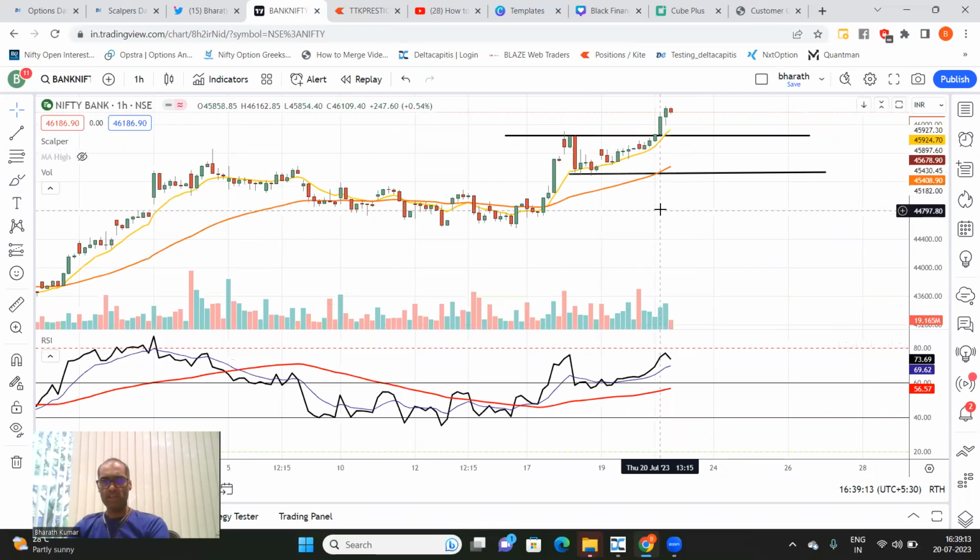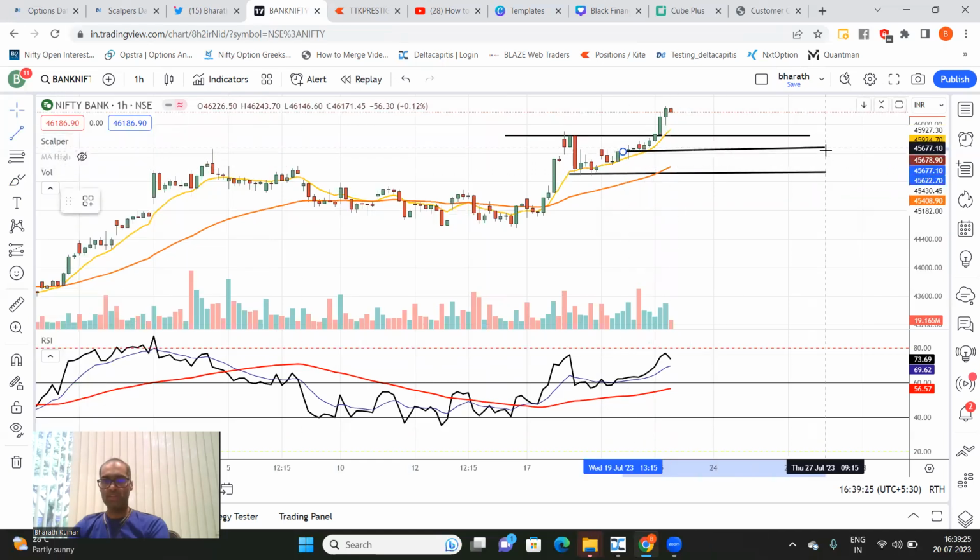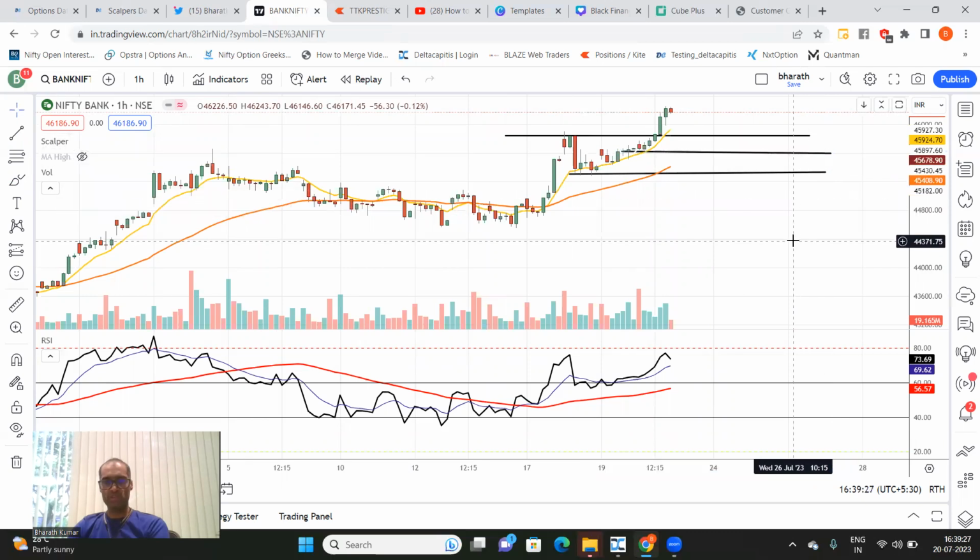So I think dips are better to consider longs. Keep in your mind 45,850 or worst case 45,500. So 45,500 should definitely act as a support for this market. So any dips to these areas with small price confirmation, we can consider longs on Bank Nifty also.